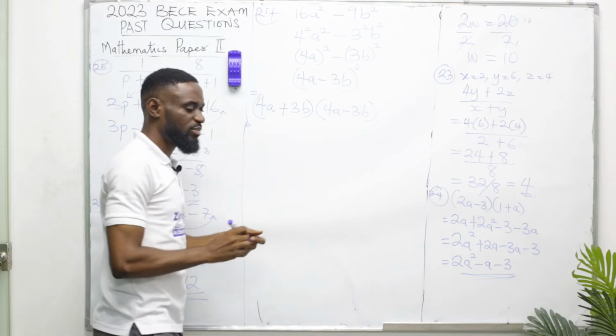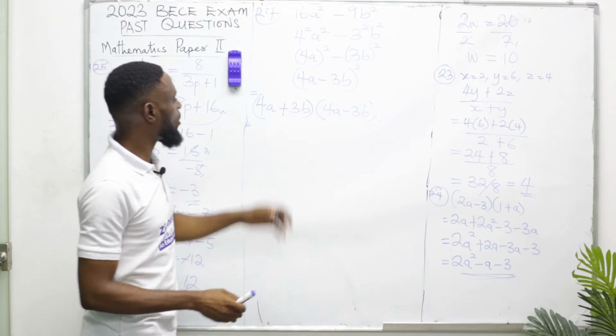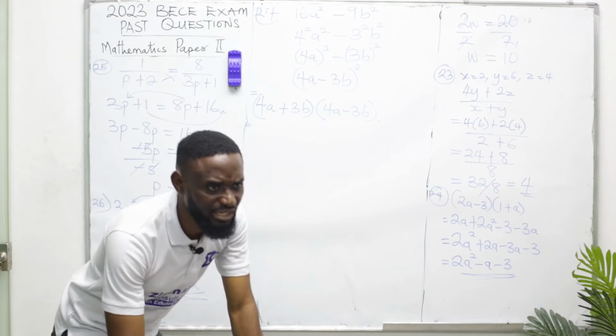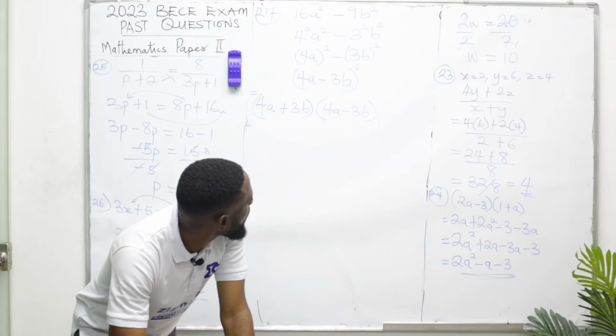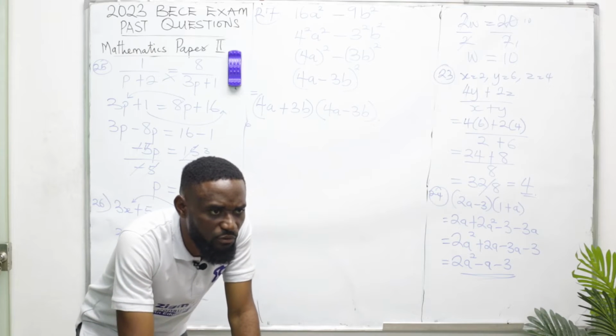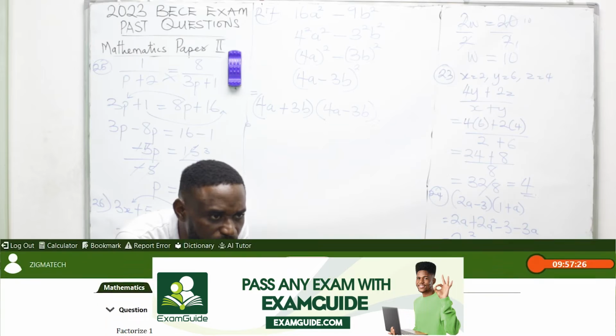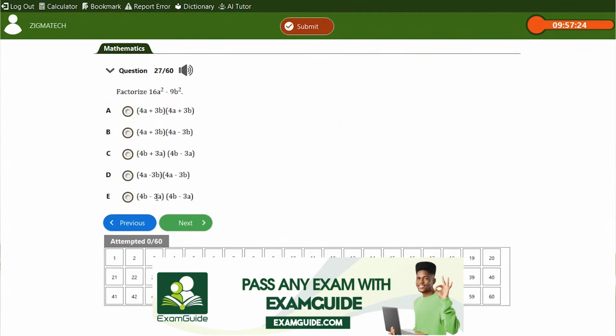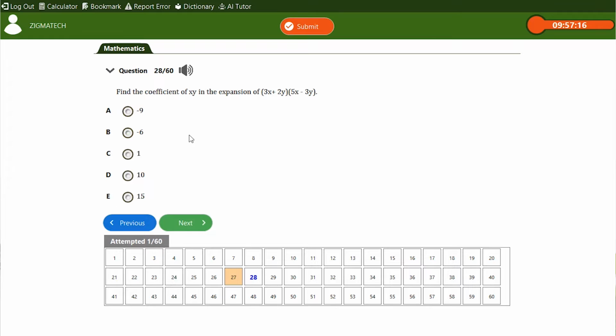So that is simply what this means. 4a plus 3b, then 4a minus 3b. So option B is the correct option, right?